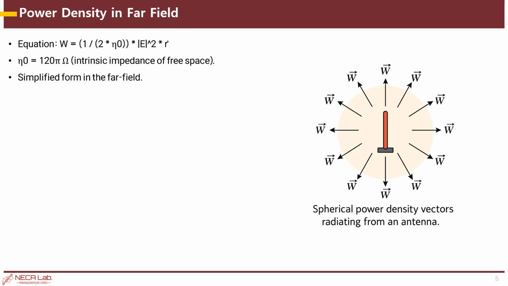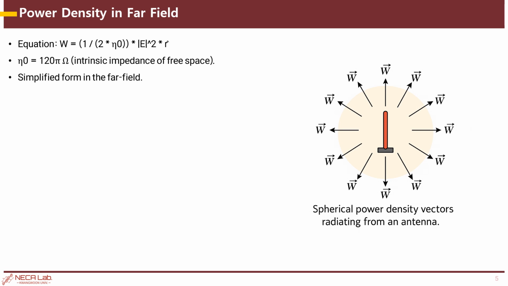Now, finally, let's discuss the power density in the far field. The key equation here is the first equation. Here, eta naught is the intrinsic impedance of free space, which is approximately 120 pi ohms. This equation represents the power density, the rate of energy flow per unit area in the far field region, and it's given in watt per square meter.